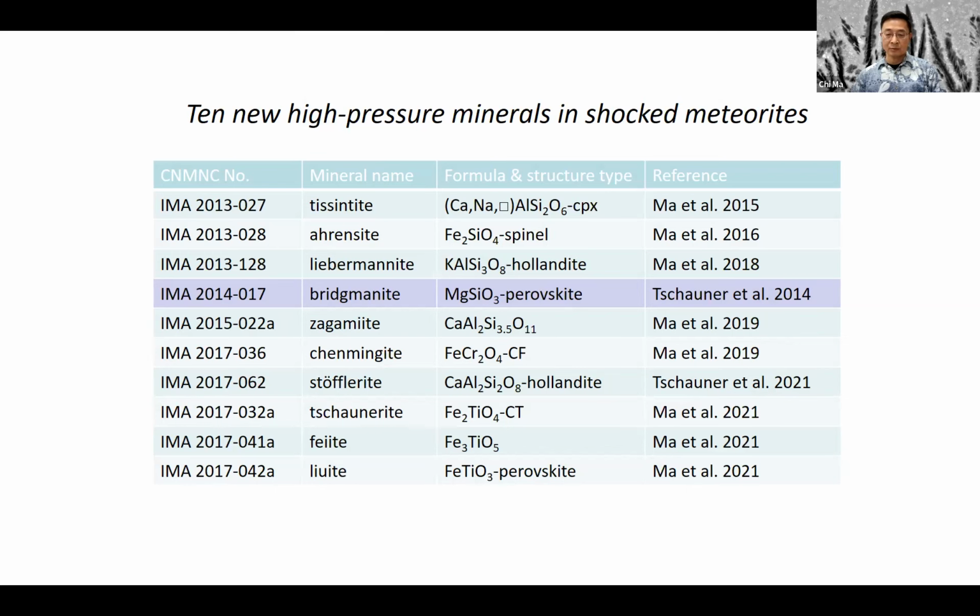Bridgmanite is MgSiO₃ with a perovskite structure, was first discovered in the Tenhan L6 ordinary chondrite. All other 9 minerals are high pressure minerals from Martian meteorites. Now let's take a close look at bridgmanite first.